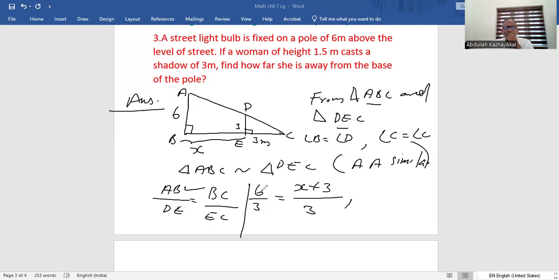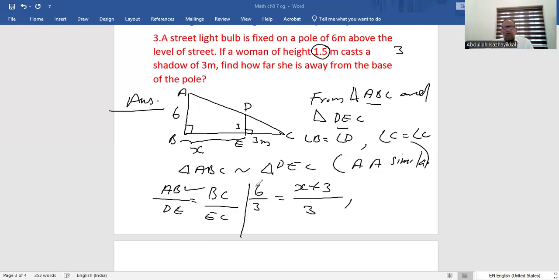What happened here? The question: woman height of 1.5 meter. We took 3. I don't know from where we got this one. Shadow 3 meter. Suppose I am making this 1.53 meter instead of 1.5, what happened?